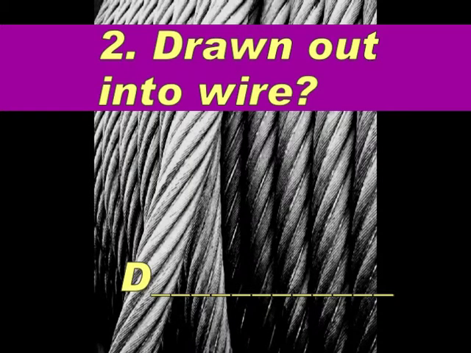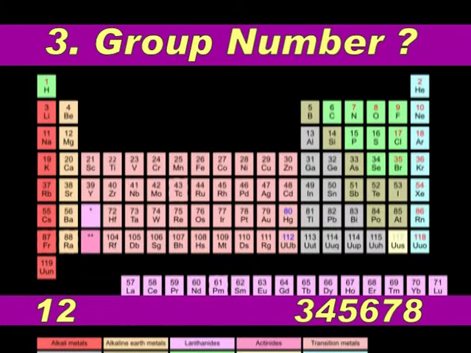What is the adjective word we use to describe how metals can be drawn out into wire? Question 3. Which group or column in the periodic table contains the most reactive metals?